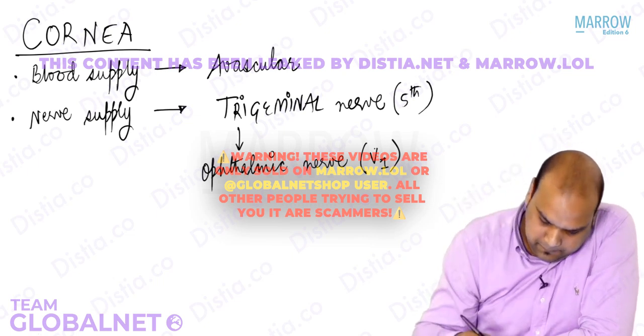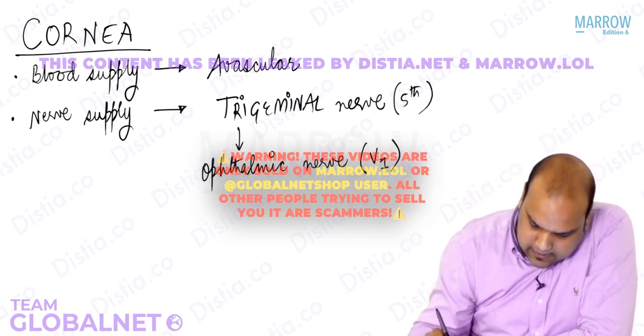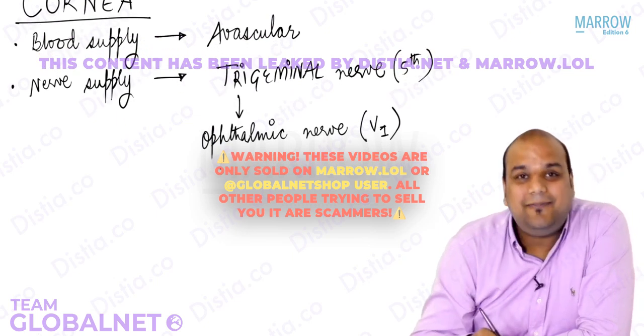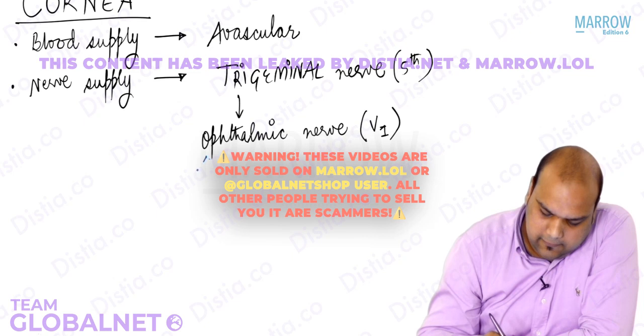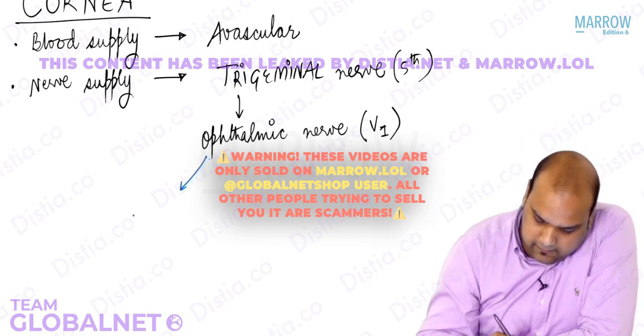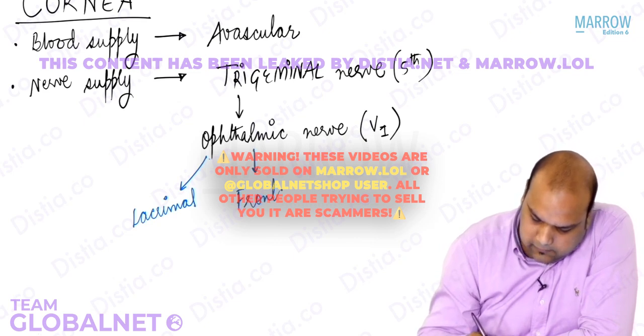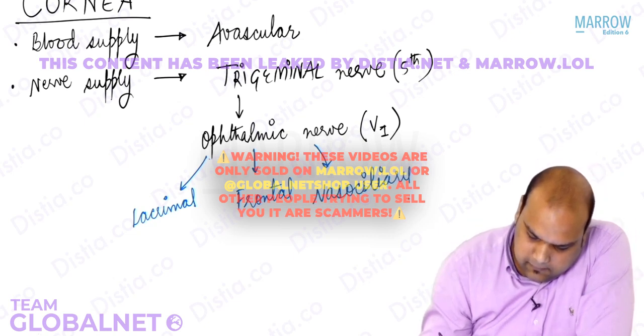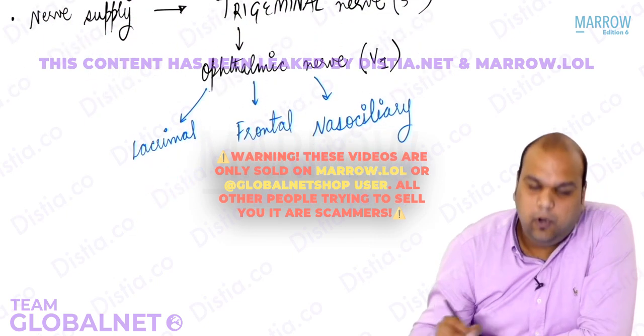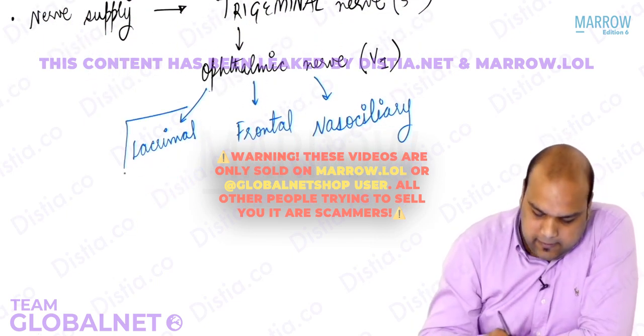Now, ophthalmic nerve has how many branches? Ophthalmic nerve again has three branches. What are the three branches of ophthalmic nerve? I am writing lacrimal, frontal, and nasociliary. These are the three branches of the ophthalmic nerve.